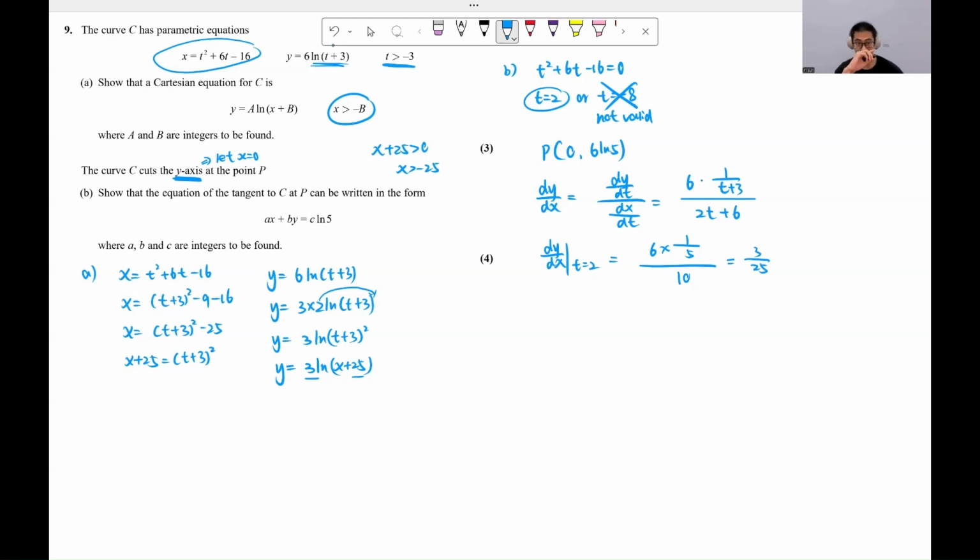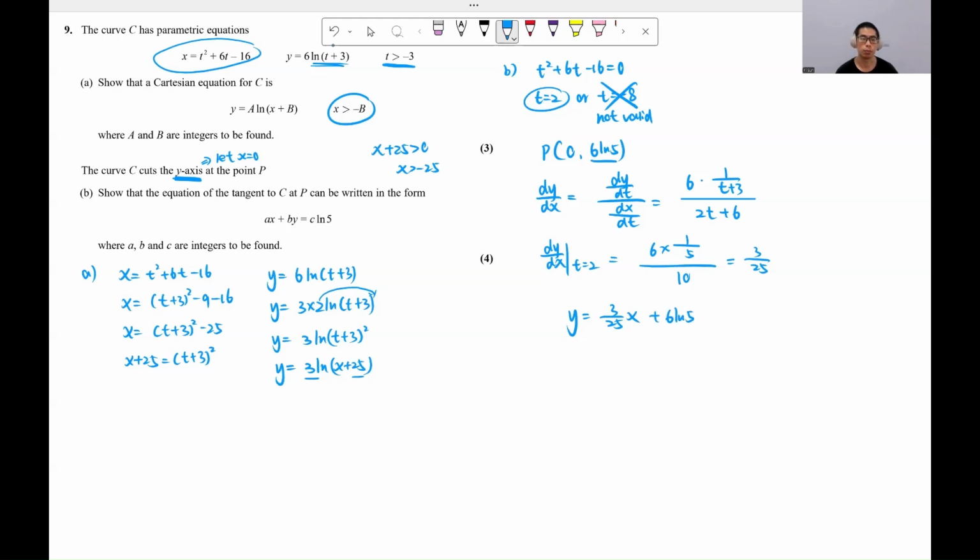We want to find the equation of the tangent. That's just y equal to 3/25 x plus c. We already know P is the y-intercept, so c has to be 6 ln 5.